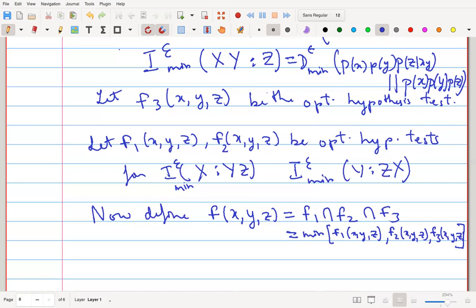So it's just the minimum of the three acceptance probabilities for XY. So this is also a hypothesis test, right? I mean, it's a quantity between 0 and 1. So Charlie is going to work with this intersection hypothesis test. So what is Charlie's strategy going to be?